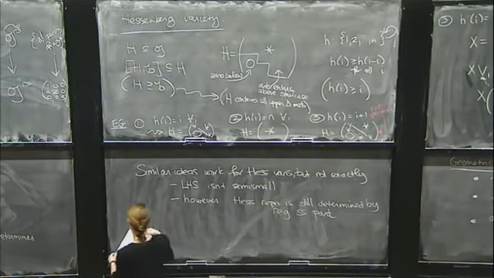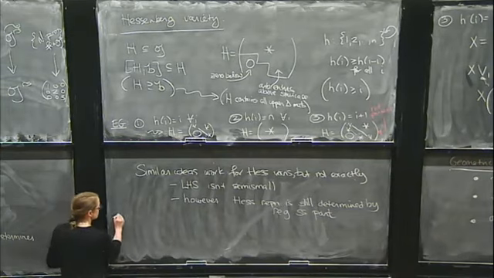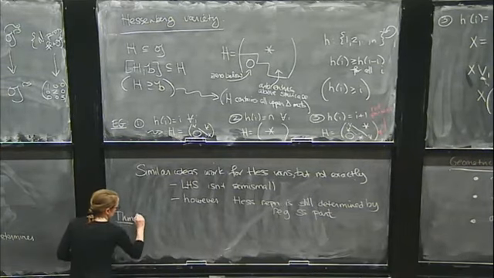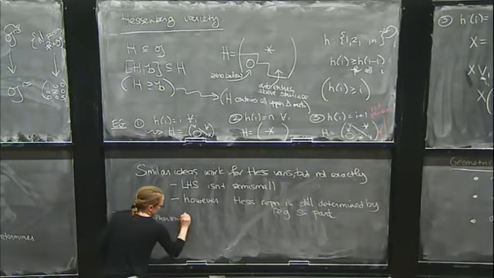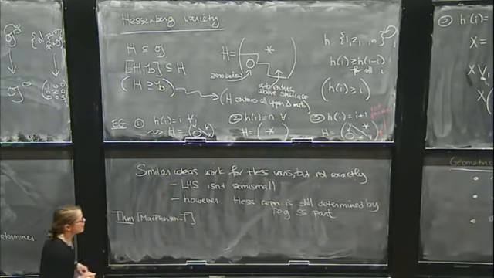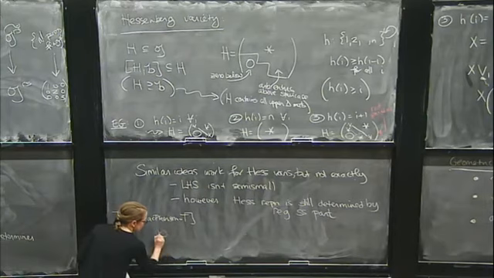And I can make that a little bit more precise when I say it's determined by that, in the following sense. So for instance, I'm going to write a whole bunch of symbols and tell you what they all are.